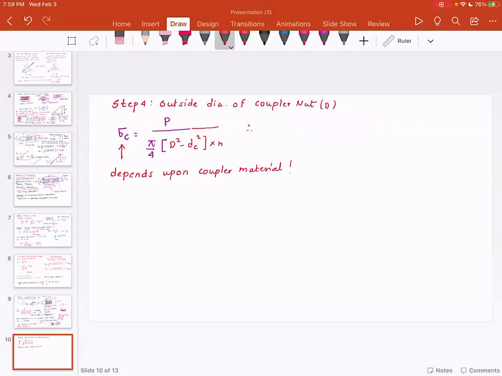So for an example, if you have steel bolt or steel rod and brass coupler, then you will use the crushing strength sigma C corresponding to brass. And this N will be same as the number of threads in engagement that we obtained earlier.